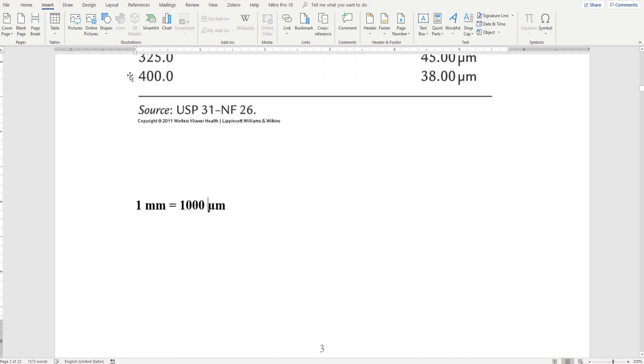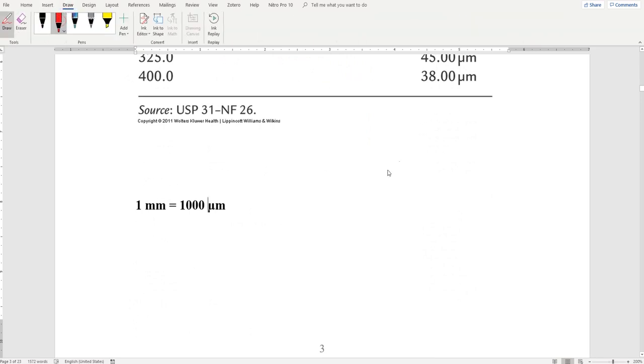Well, what they do is when they say sieve number 2, it means in 1 inch of the sieve there are 2 openings. So if this is 1 inch in the sieve, there will be 2 openings. If I have sieve number 4, this means that in 1 inch you have 4 openings.